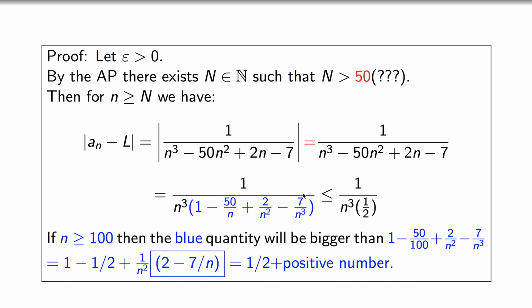And then my idea, which is really the big idea in this slide, is that, look at what we're doing. We're taking 1 and subtracting something, then adding something and subtracting something. But my intuition is if that number n is huge, say 1,000,000, then I'm subtracting something so small, and adding something and subtracting something even smaller, that I'm going to get 1 minus something.